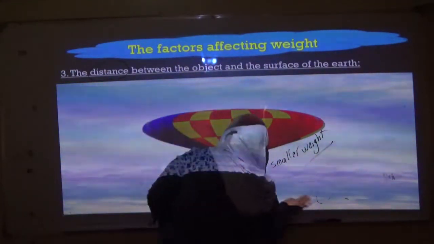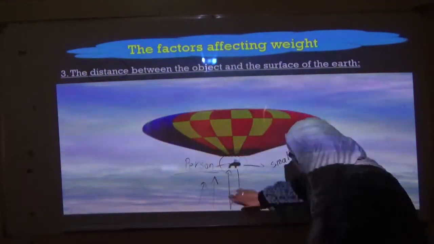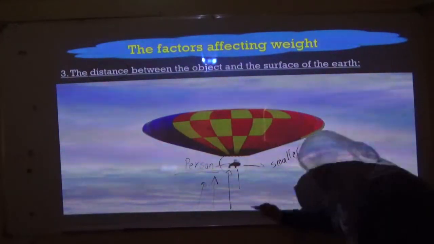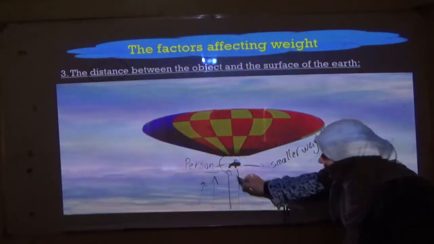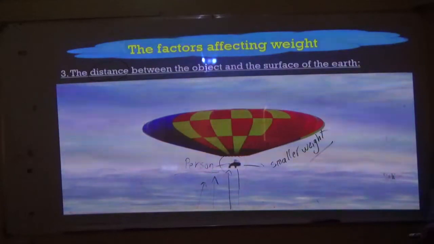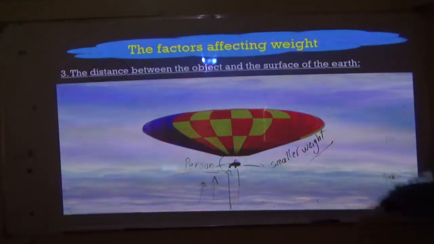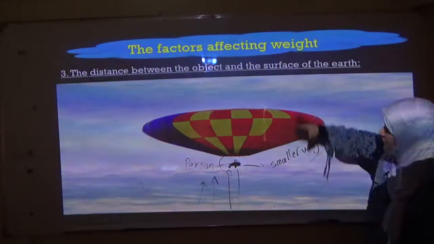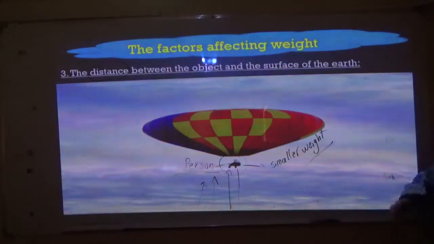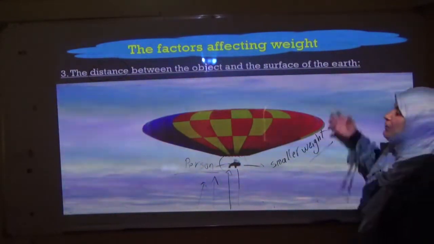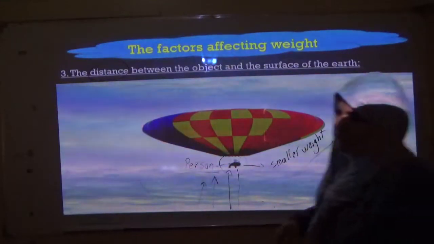He will have a greater weight on the surface of the earth because as we move away, the force of gravity will decrease. If he falls down, his weight will increase because he will be more attracted to the center of the earth.